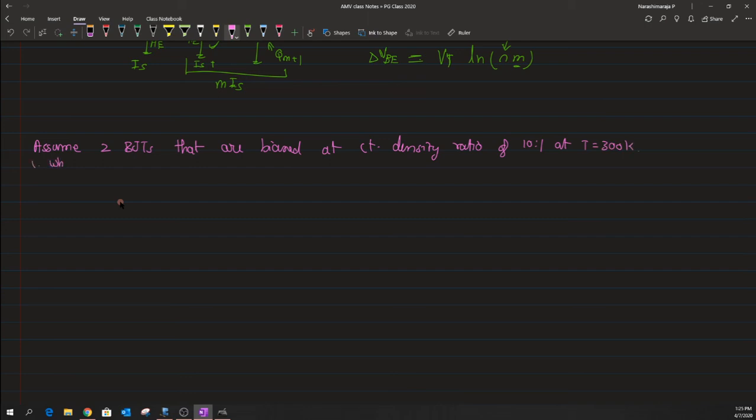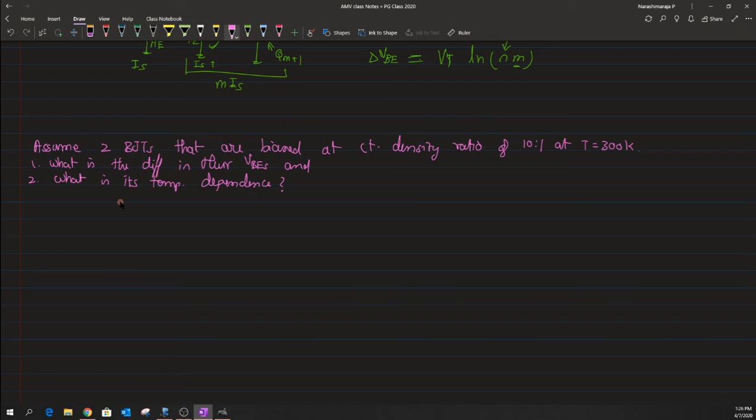The first part is what is the difference in their VBEs, and the second is what is its temperature dependence. Once we answer these two questions, we will move on to the discussion of BGR, but solving this problem will give us some sort of idea.